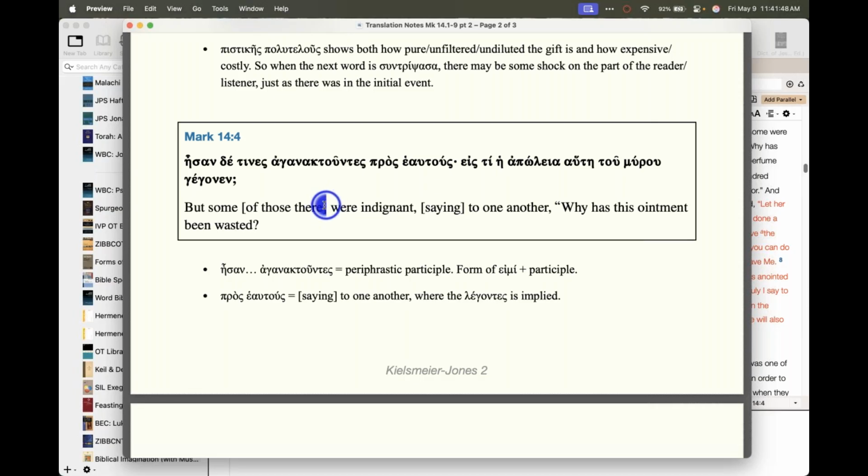So I put this in brackets. I may not keep that in my final translation if I were to polish or publish it. But I did put that in there because "some were indignant" just felt like stylistically it needed something for smooth English.